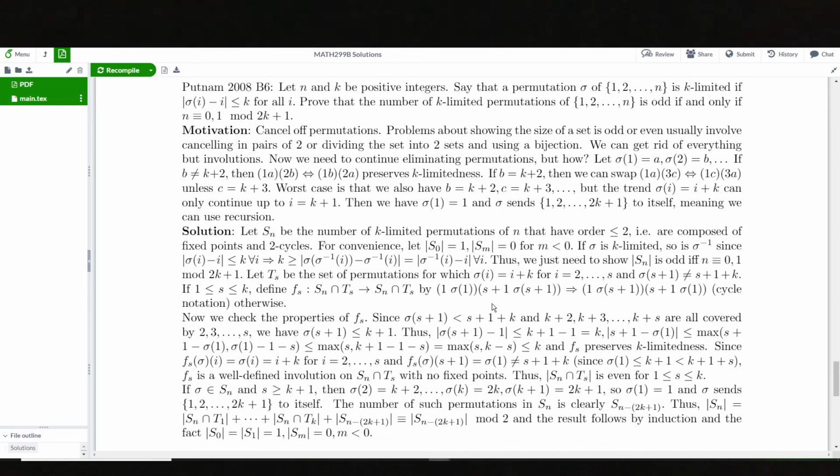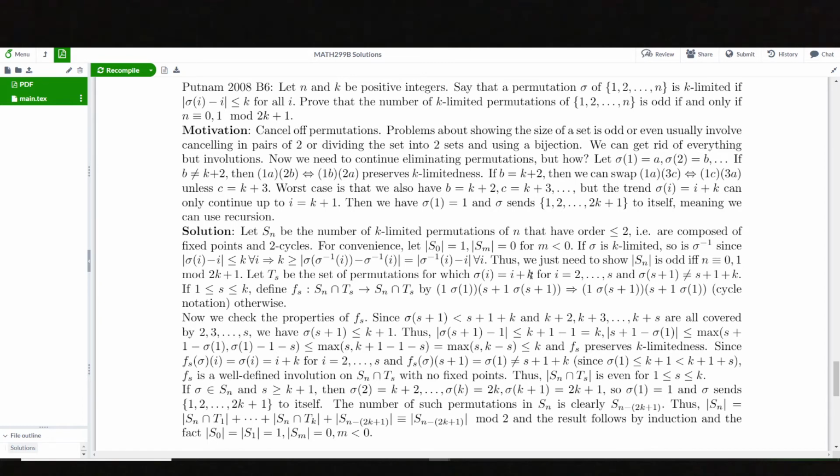Now next, we have to check it preserves k-limitedness. That means it's still in S_n. We can see sigma of s plus 1 is less than s plus 1 plus k. Can't be k plus 2, can't be k plus 3, all the way can't be k plus s, because 2, 3, and s already cover that all the way here. And also because the permutation is order 2.